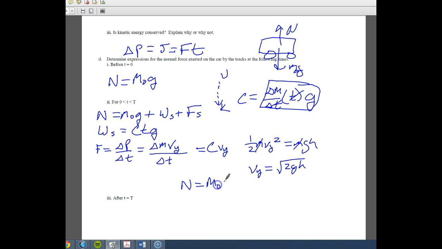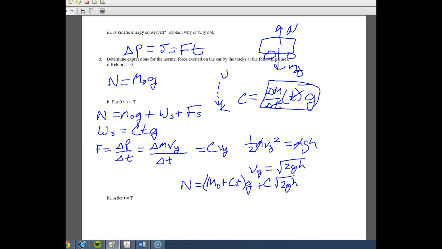So it's m0 plus ct, and we multiply that times gravity, and then we add that to c times the square root of 2gh, and that is our expression for the normal force exerted on the car by the tracks at the following times.